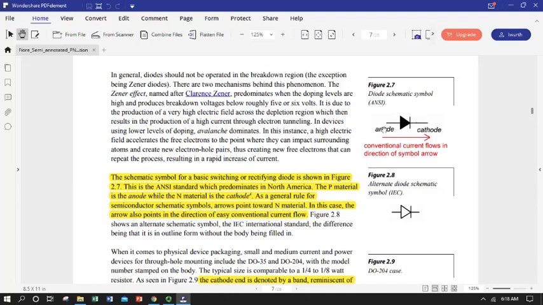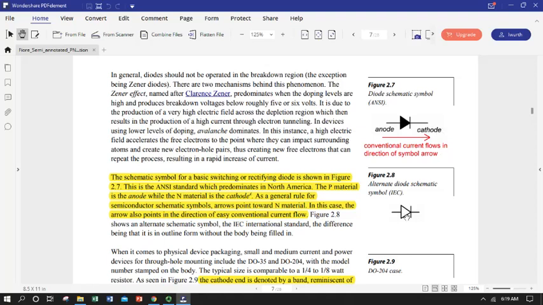So if you're forward biased, current will flow from anode to cathode through the diode. In at the p side, you can think of the conventional current as being positive, and it pushes all those holes towards the interface where they can climb down the hill, and we get conduction.